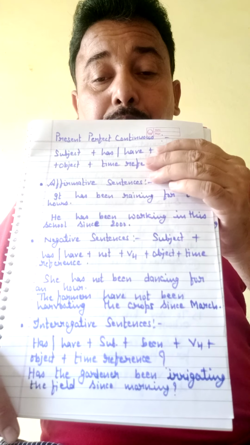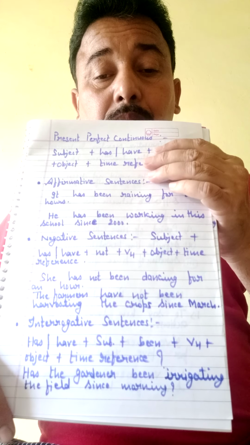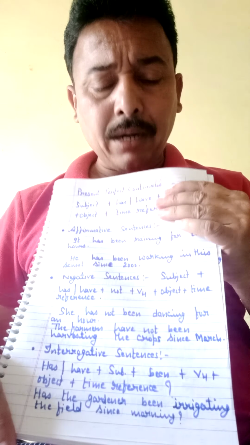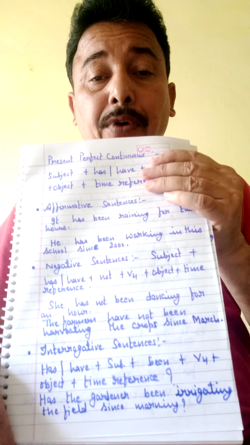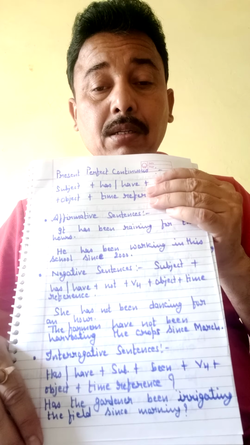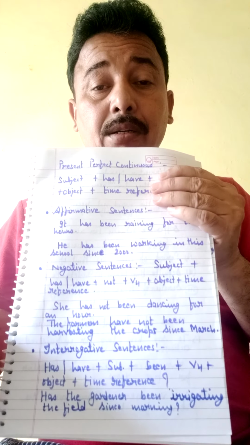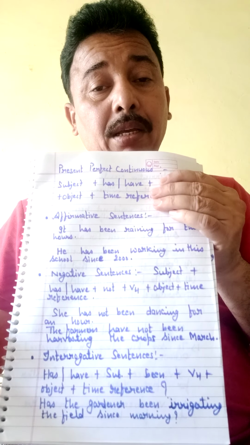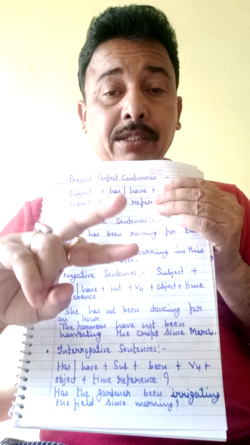The examples are here. Has the gardener been irrigating the field for 5 hours? Has the gardener been irrigating the field since morning? Both of these sentences you studied.